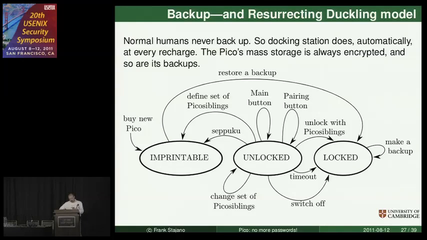So I will not go into any greater depth on the resurrecting duckling model, but this is an instance of it with some variations, and these two states are imprinted, and this state is imprintable. And imprintable is what you get when you buy a new Pico. It's virgin.